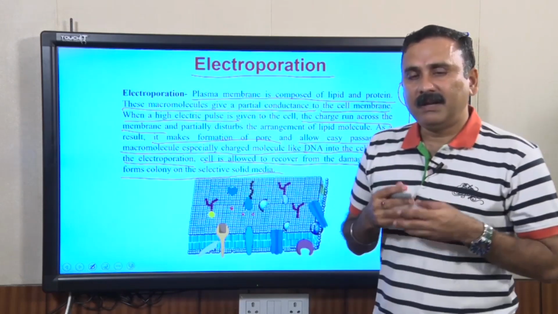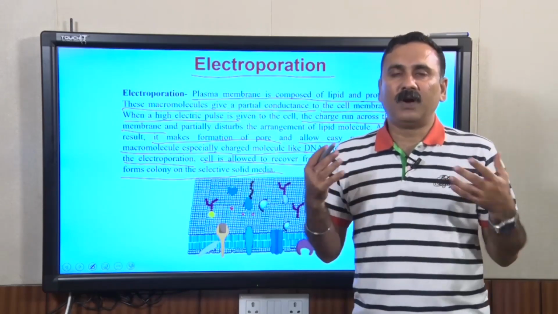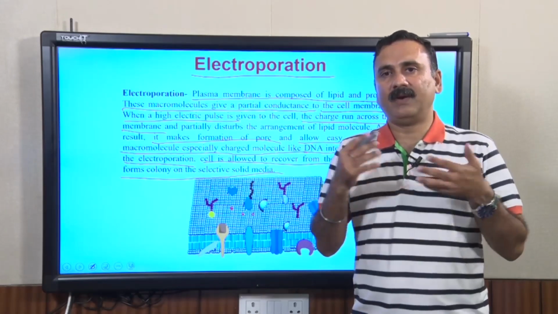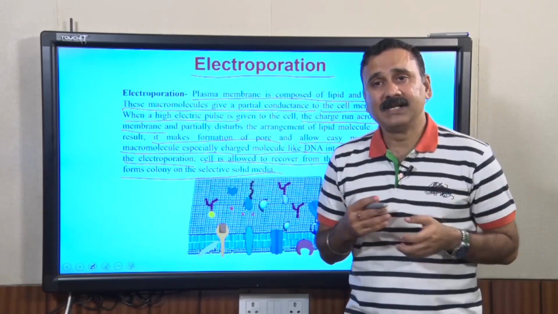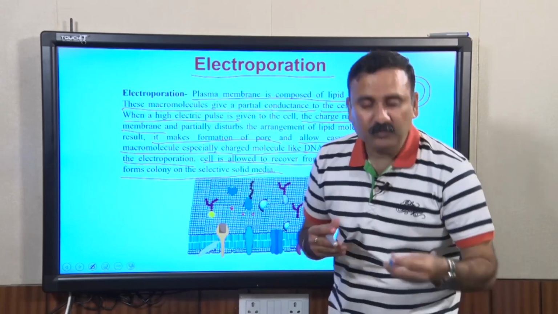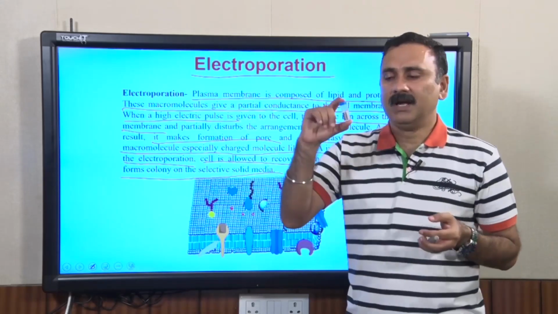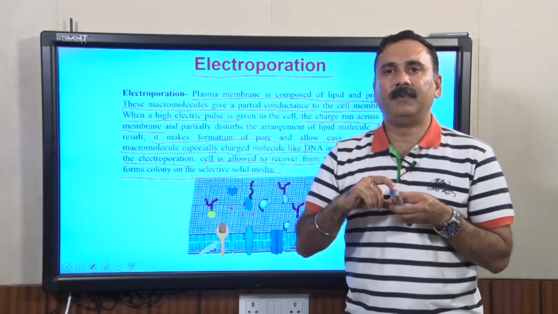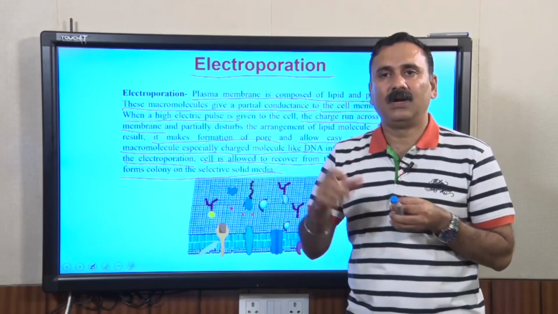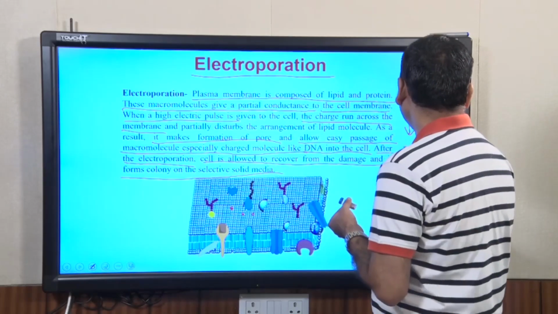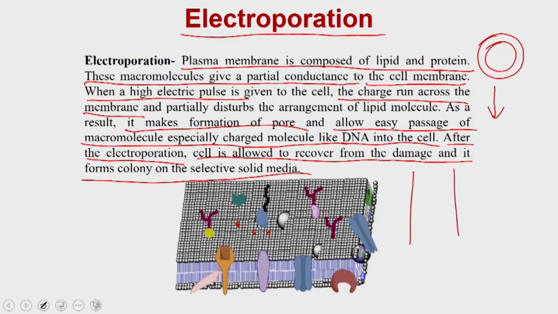In a typical electroporation, you have to provide electroporation cuvettes. A typical electroporation cuvette looks like a glass cuvette, and in the glass cuvette you have metal plates on both sides.